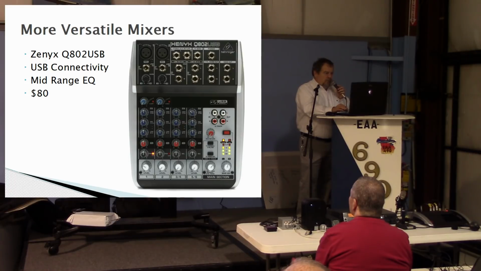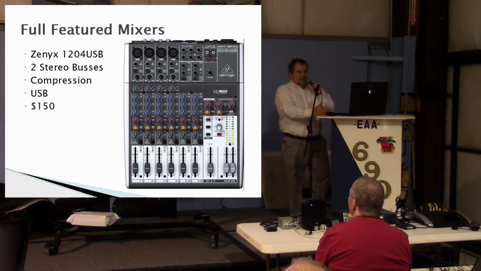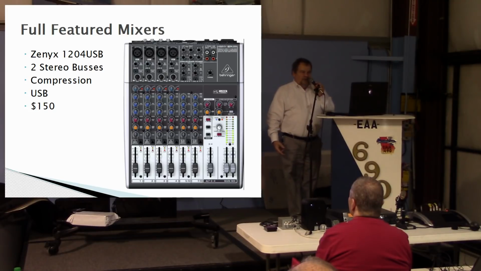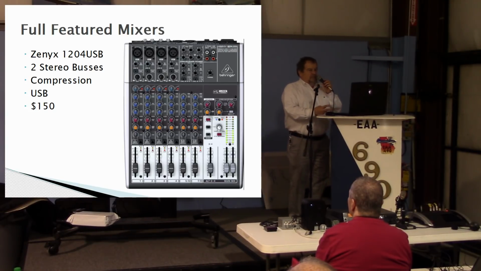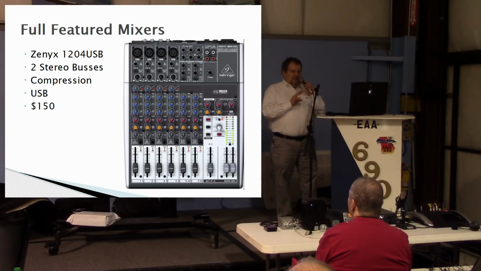Now, if you want to go up to a level that I see in many ham shacks, some of the YouTubes and things I've watched about people that are into this audio thing and wanting a mixer, they jump up to a mixer that has 2 buses. And like I showed you before, you can do all your microphone work on one bus, completely independent of what your speaker buses are.